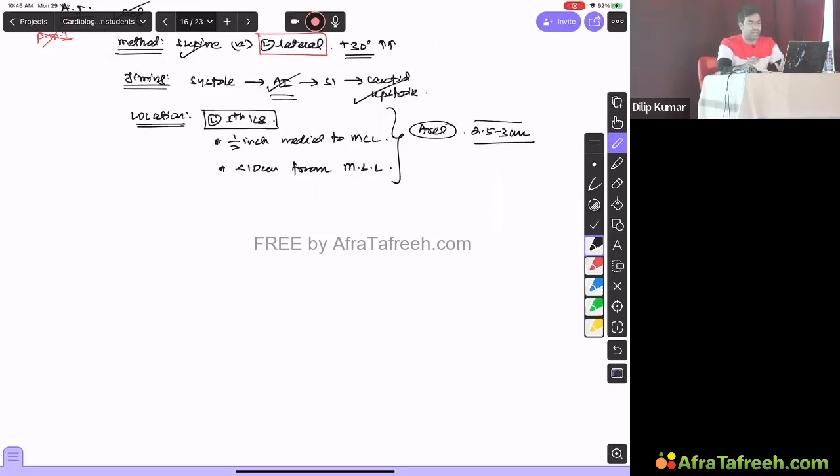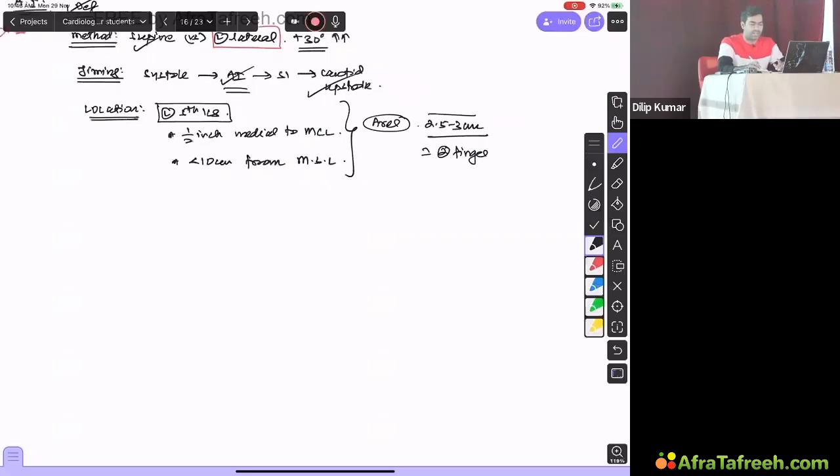A diameter of around 2.5 to 3 centimeters is approximately equal to 2 finger breadths. Or, in the simplest form, approximately 1 intercostal space, not more than that. Vertically, over 1 intercostal space only will you be able to look at it.